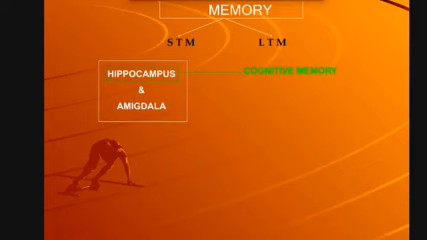So in long-term memory, the input through sense organs is preserved almost permanently because we are repeating it. There is an old theory of memory called trace theory.